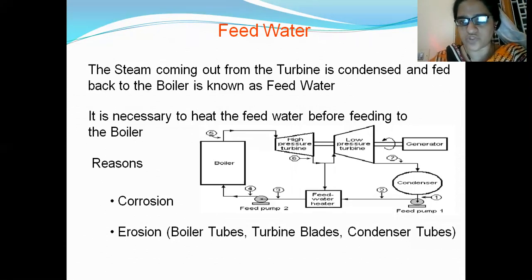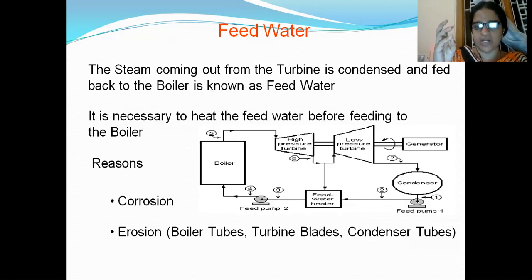Again, erosion means the tubes of the boiler, the turbine blades, and the condenser tubes will get easily eroded or damaged if you allow cool water to pass through the boiler. So, in order to decrease the corrosion and erosion, you try to increase the temperature of the feed water which you are giving to the boiler.